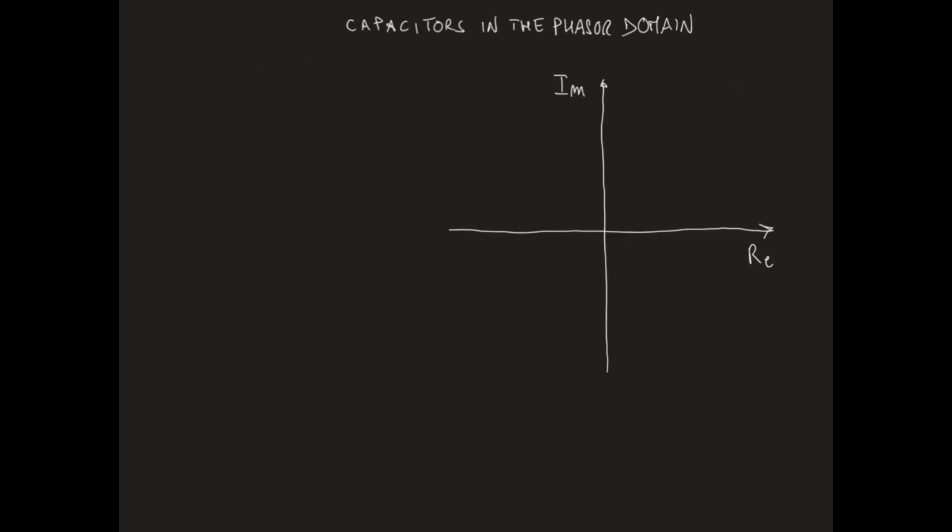So, in the phasor domain, the current IC flowing through a capacitor with a voltage Vc across it is given by j omega C Vc bar.